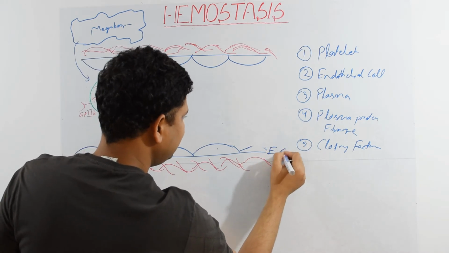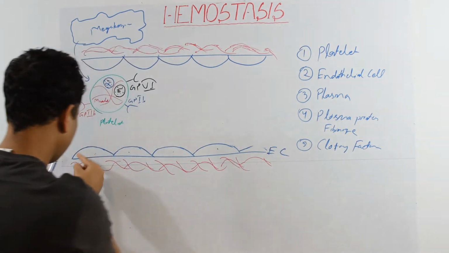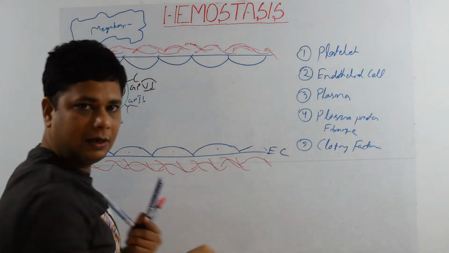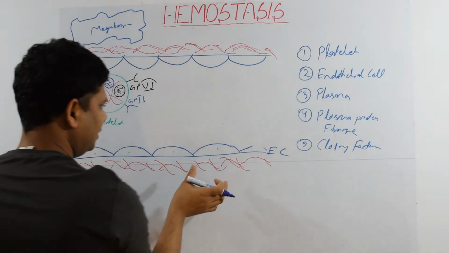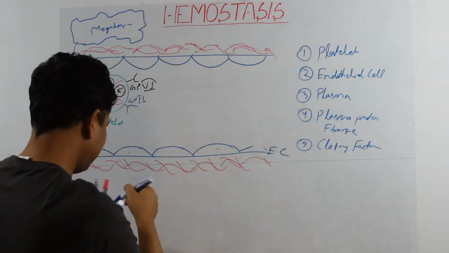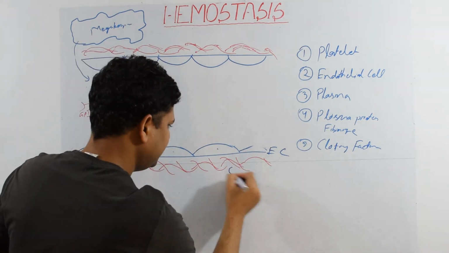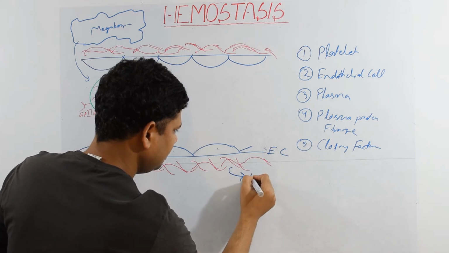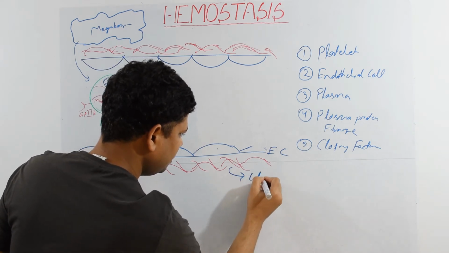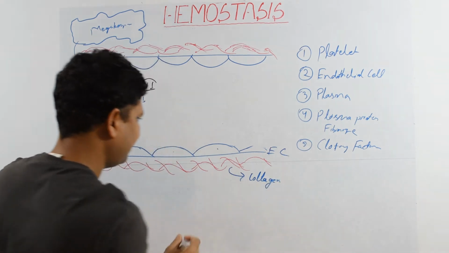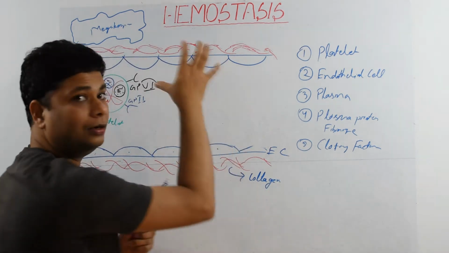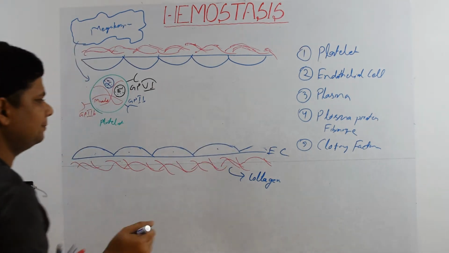Surrounding these endothelial cells, there are some sub-endothelial cells and also extracellular matrix. This extracellular matrix is composed of collagens, which are also important for blood clot.